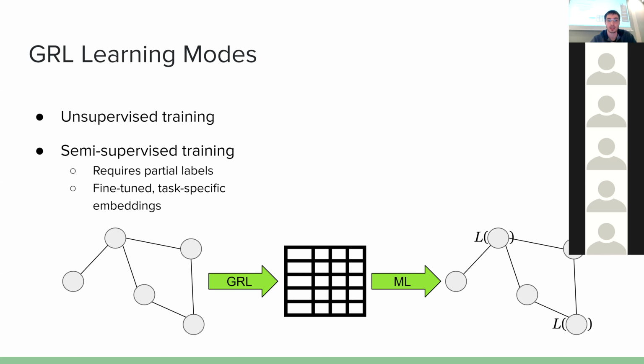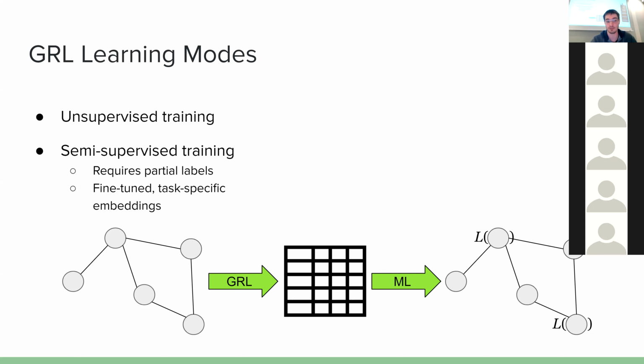But for example, one example that is usually used for unsupervised training is, again, the idea of link prediction, where I want, for example, to predict how likely it is that two people will become friends in a social graph, just knowing the structure of the graph, which will already give me enough information of how many common friends they have, how closely connected these two persons are in the social graph.